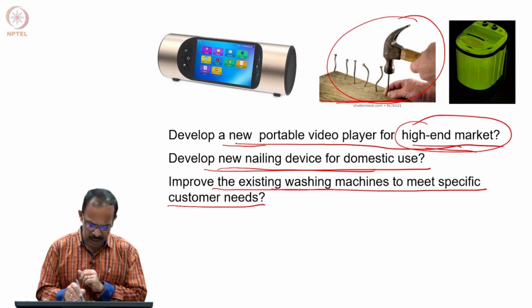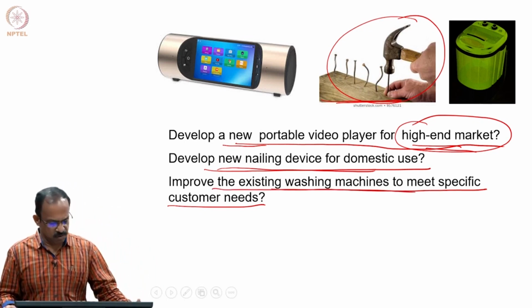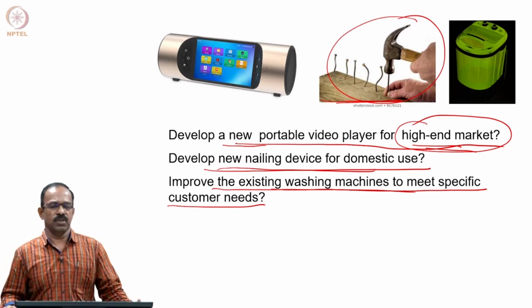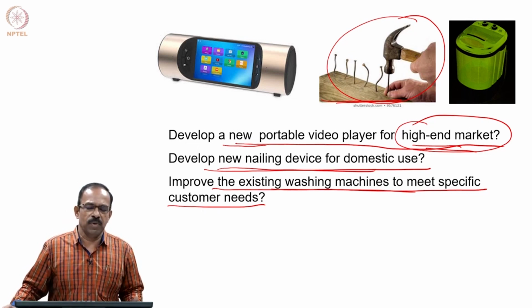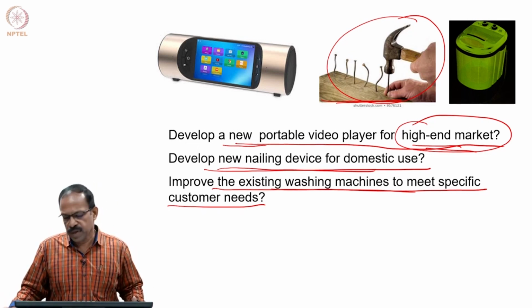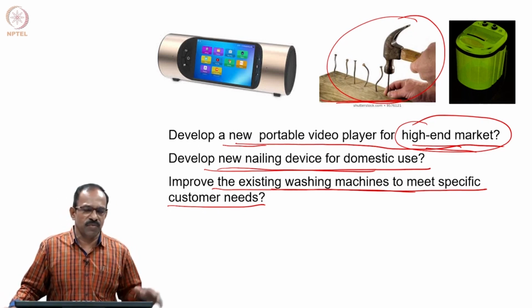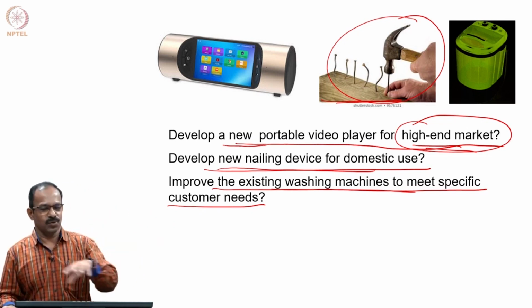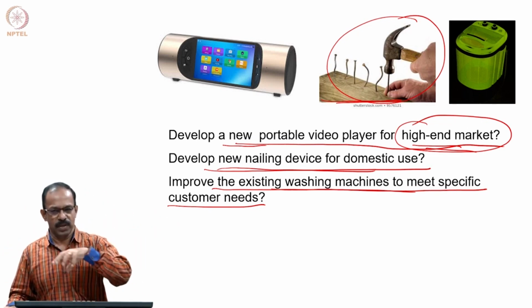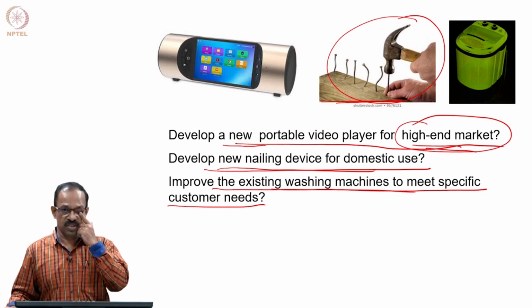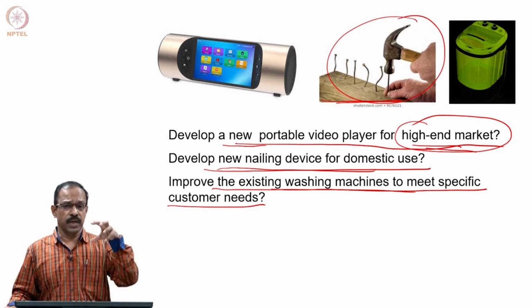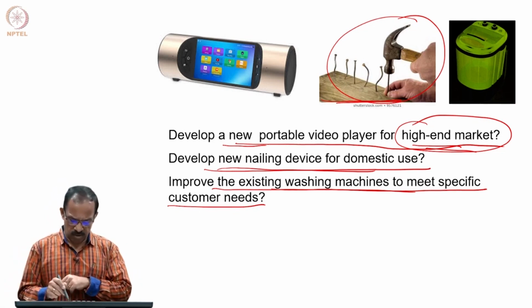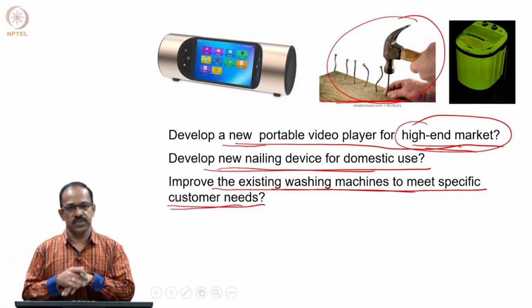Whether it is a washing machine to meet specific customer needs. Some customers say, okay, I want to reduce the water consumption, that may be a requirement of some customers. Then you need to look at the function blocks which actually use water, and how the water is being used in the product, what kind of functions are there, and then you try to identify a module which can be redesigned to get the specific customer needs.